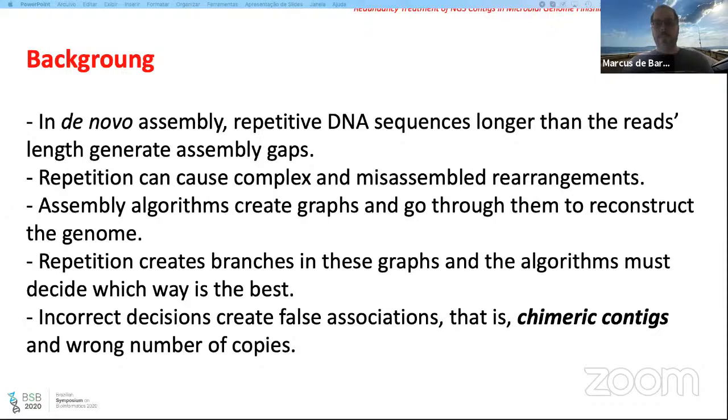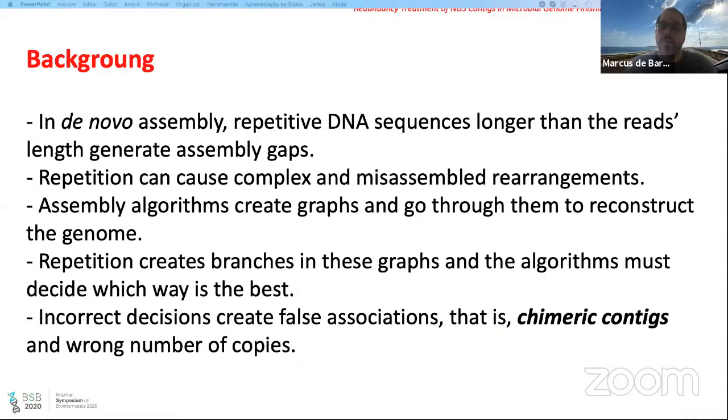First, I'm going to make some initial considerations to contextualize the theme. Repetitions have always been technical challenges for sequence mapping and assembly tools. NGS sequencing with short reads and high throughput made these challenges even more difficult. From a computational perspective, repetitions create ambiguities in alignment and assembly, which can lead to distortions and errors in the interpretation of results.